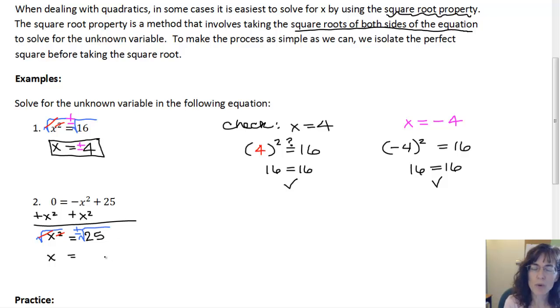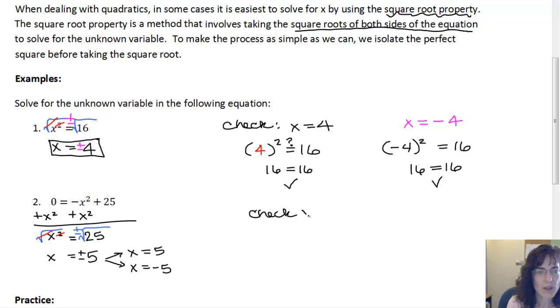So when I write that down, remember I have that plus or minus, which means I have two answers. One of them is x equals 5, and one of them is x equals negative 5. So two answers to check: x equals 5 and x equals negative 5.